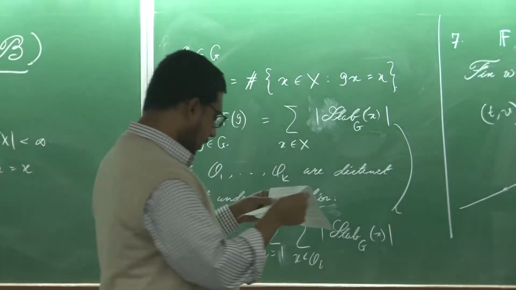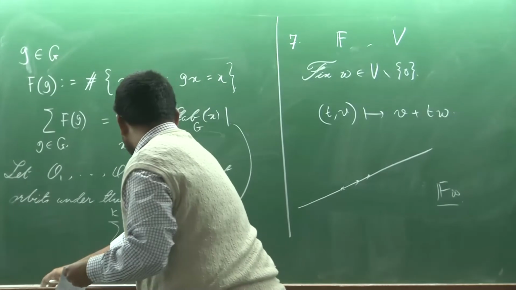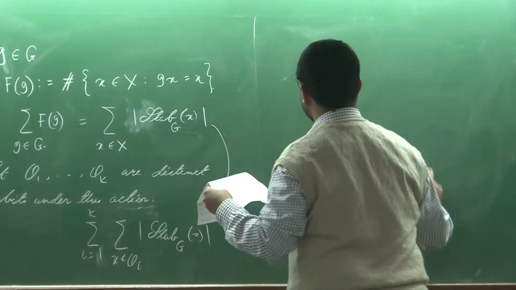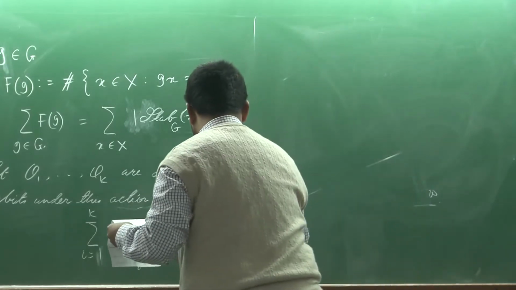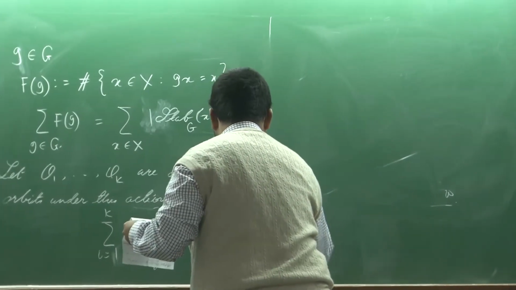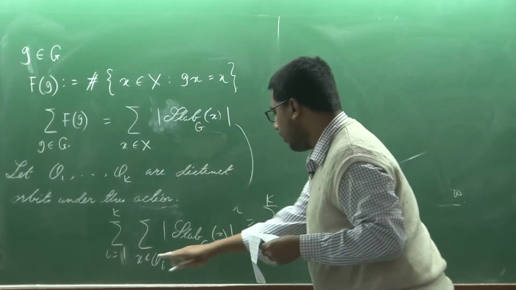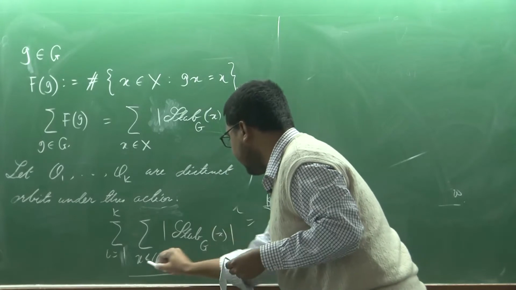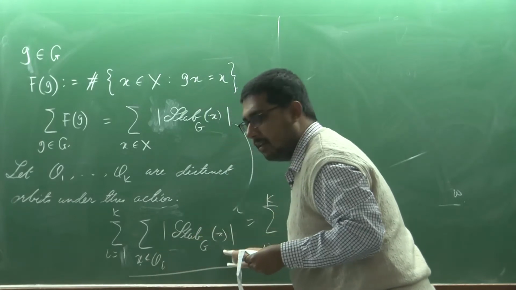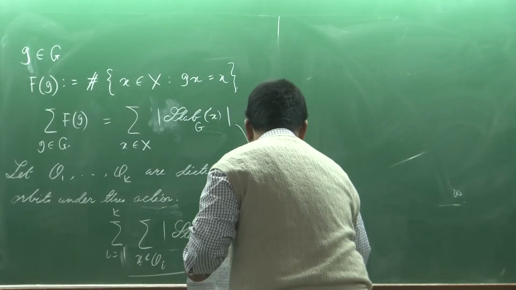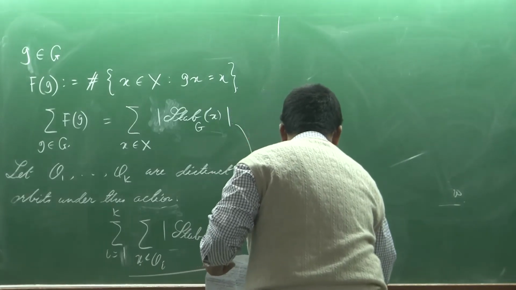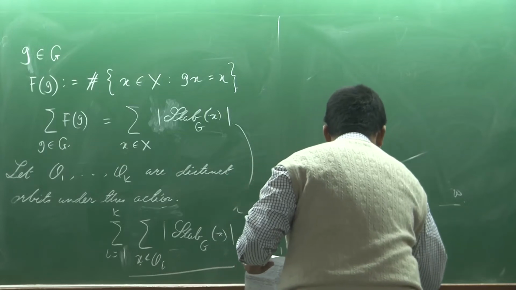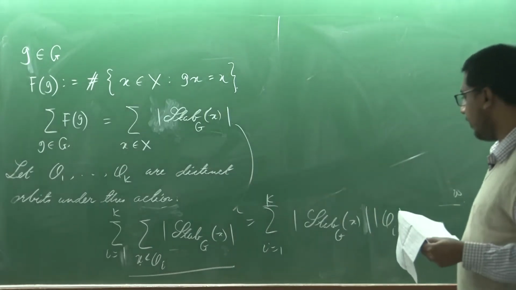All right. Then now it is quite clear what is going to happen here. So as usual we have i from 1 up to k. In this, for each x this quantity is the same, thus we must have the stabilizer of x in G times the order of this orbit, right.